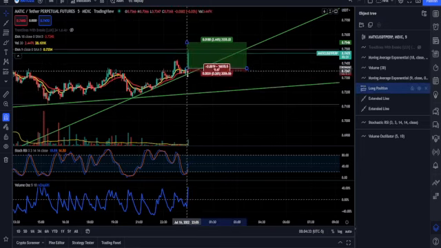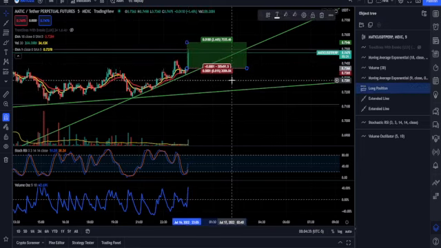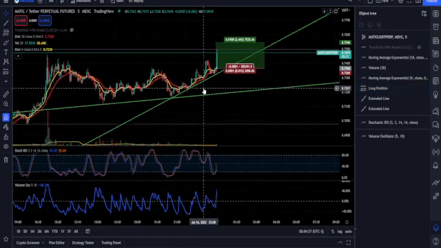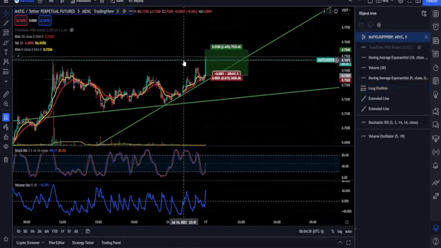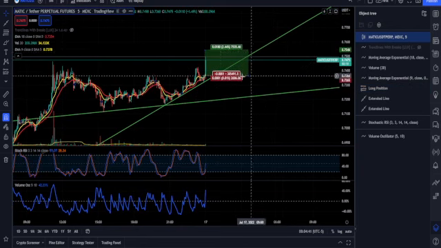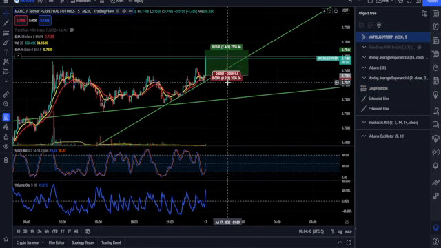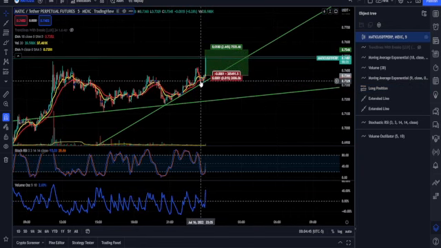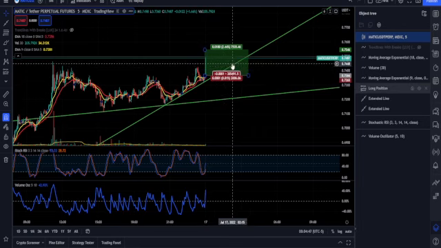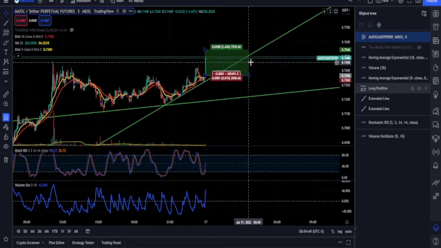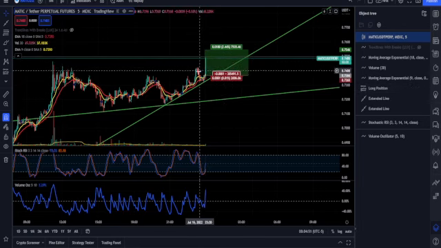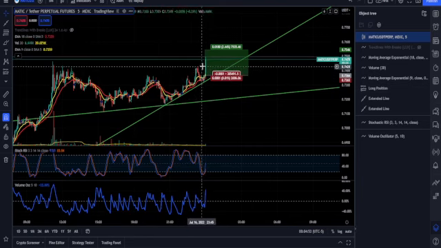You can bring your stop loss to break even, and so now once you're in profit, there is no reason not to bring your stop loss to break even, ever. Especially when you reach 1 to 1 on a trade.